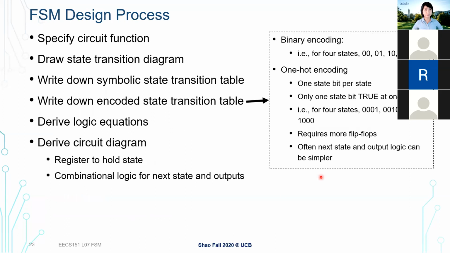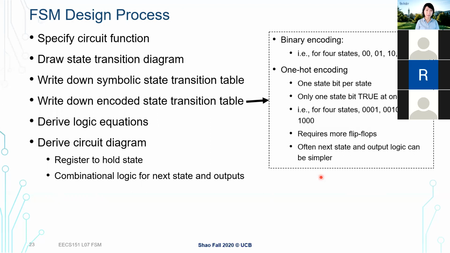Okay, with that, let's quickly review the FSM design process. We start by specifying the function of our sequential circuit, what this FSM is trying to do. Then we draw the state transition diagram, listing all the states and how your circuit transitions through different states based on different input combinations.